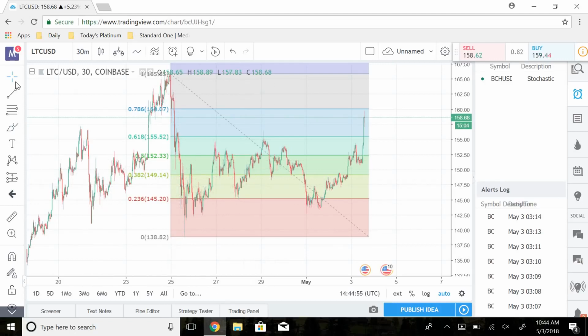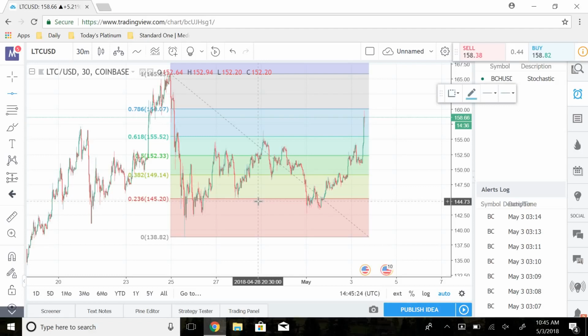So let's say I start to draw some lines here. If you want to draw horizontal lines, the option is the second option on the side on TradingView. So let's say we want to sell some at the 23% line. Usually, like I said, a lot of other investors will be using this tool, so you're going to see a lot of people placing sell orders at, in this case, $145.20.